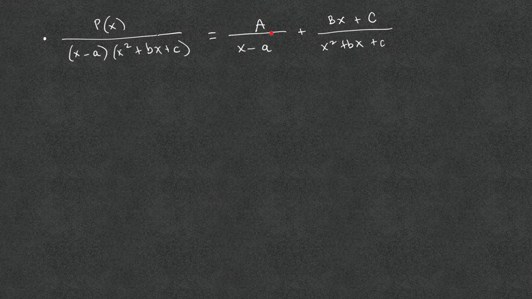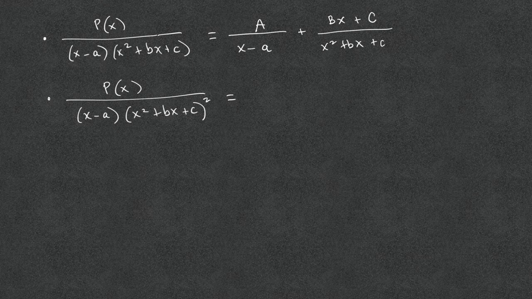Note also that if we use the capital letter A already, then we need to use other capital letters than A because there's no guarantee that we would end up with the same coefficient. Similar to the repeated linear factors, if we have a repeated quadratic factor that is irreducible, we would have to use as many rational expressions for the irreducible factor.